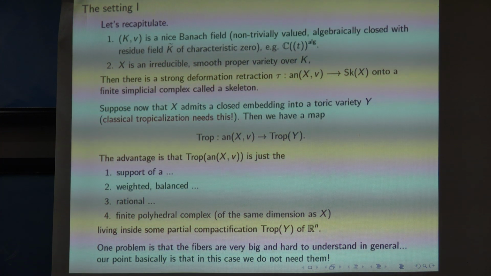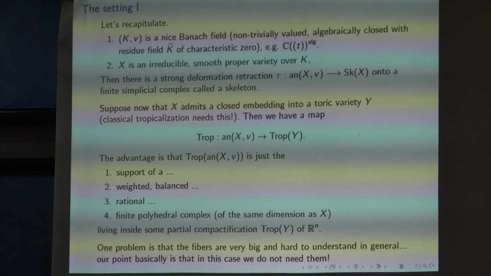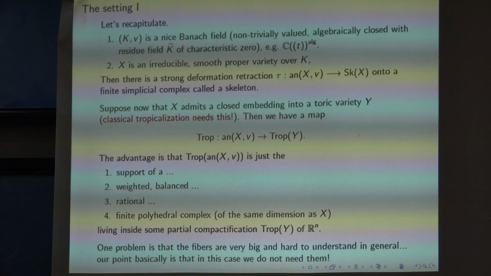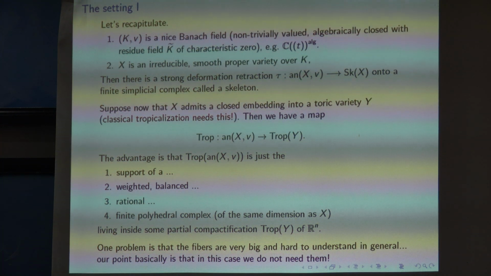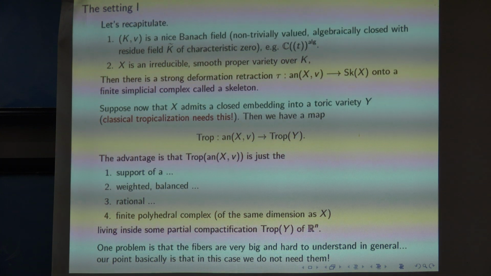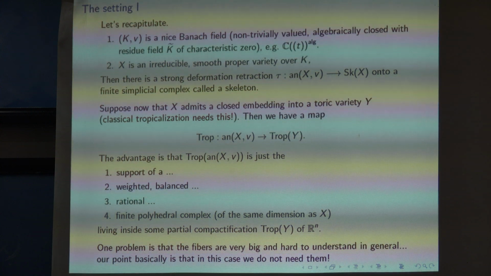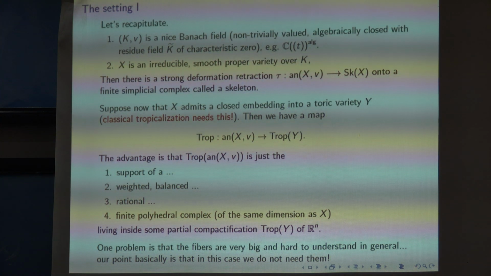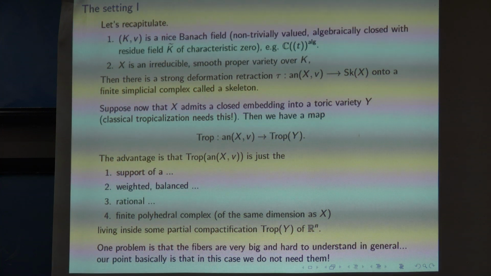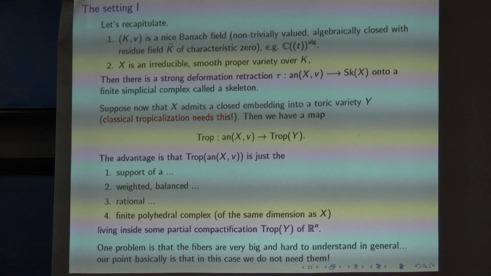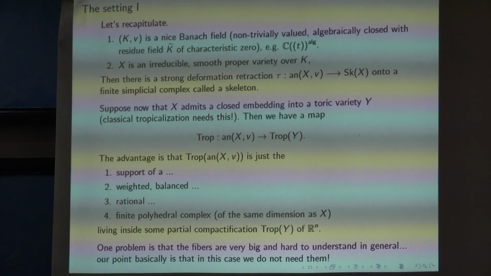You can think about the algebraic closure of the Puiseux series over the complex numbers. And I have a nice variety. You can think about a projective smooth variety over this field. And so there is a guy called the skeleton, which is very nice from a combinatorial point of view, and you have a strong deformation retraction from the whole space to it. And the point is to compute this skeleton.